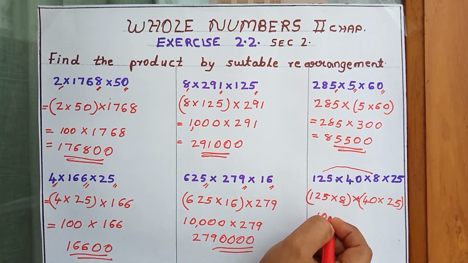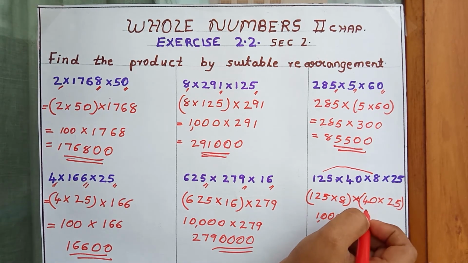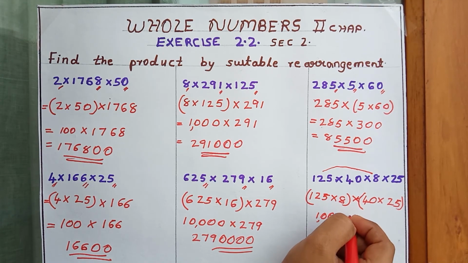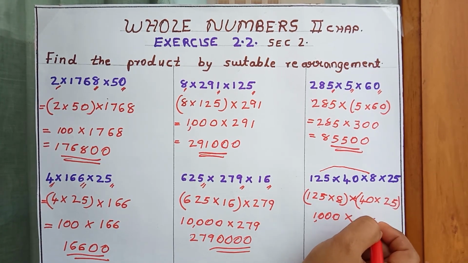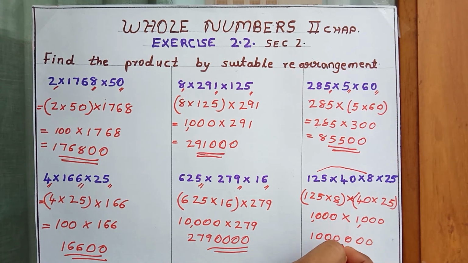This is 1000. Then again 40 into 25 again will be giving you answer 1000. So the final answer is, how many zeros? 3. Then again 3. Okay, this is our final answer.